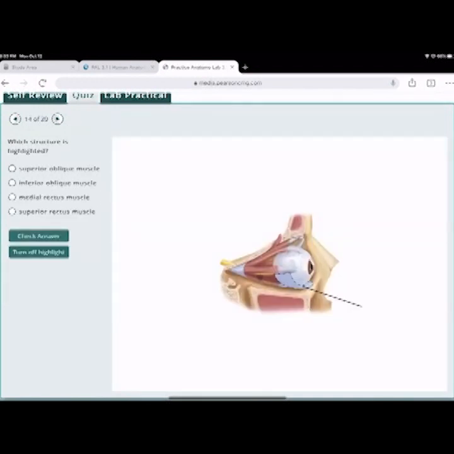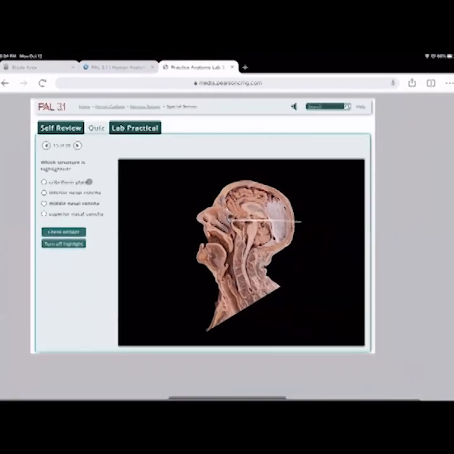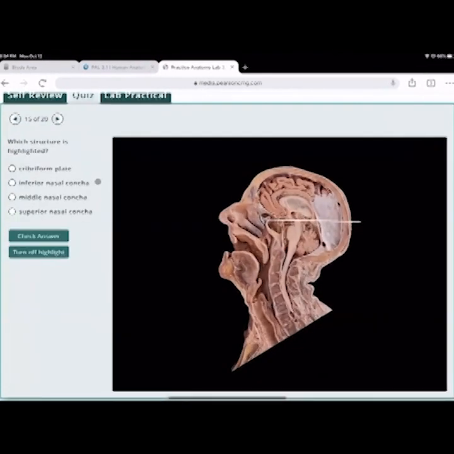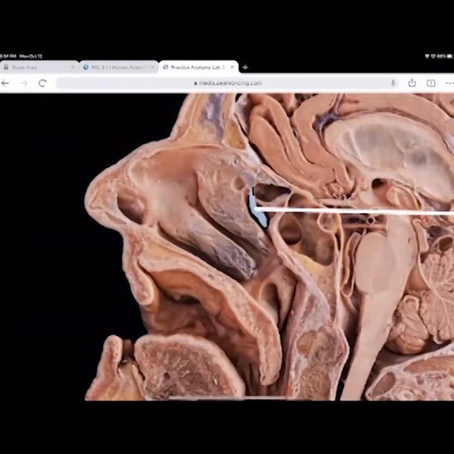All right, what structure is highlighted here? Inferior oblique. Inferior oblique muscle. Yep. What structure is highlighted there? Okay.